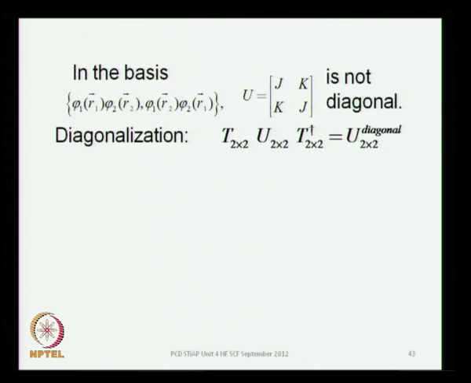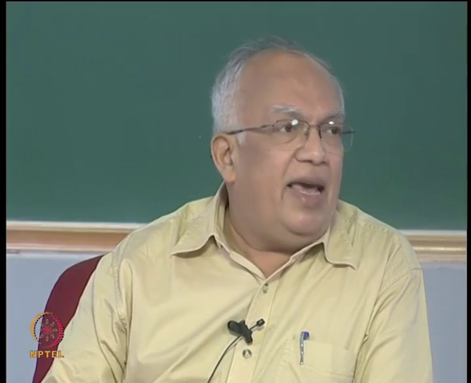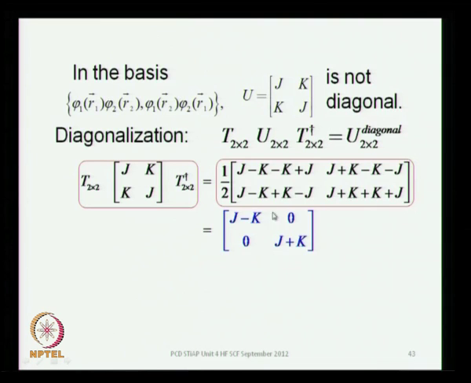Okay. So, find the matrix which will diagonalize this matrix of j k k j, and some of you perhaps already have the answer, and the diagonal elements will be j minus k and j plus k.